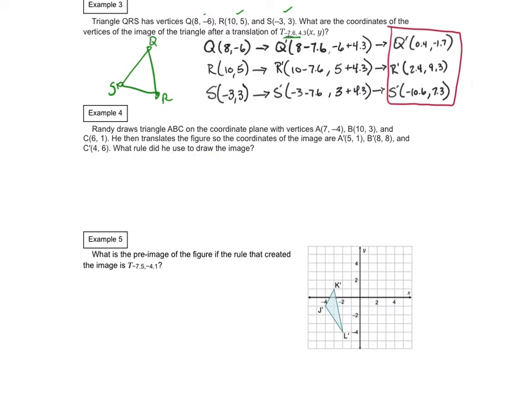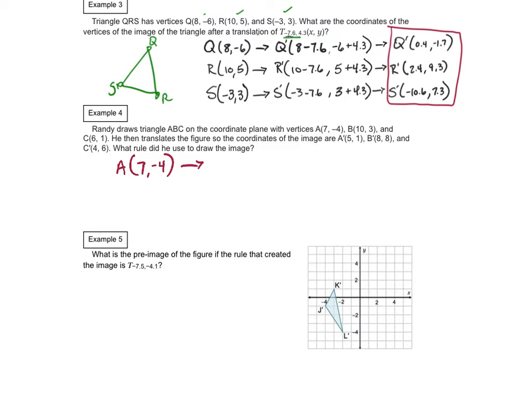Well, according to the rules of translations, the distance and direction is the same for all 3 points, so I can just pick one point and work with it. So I'm going to pick A, and A is, they told me, (7, -4).